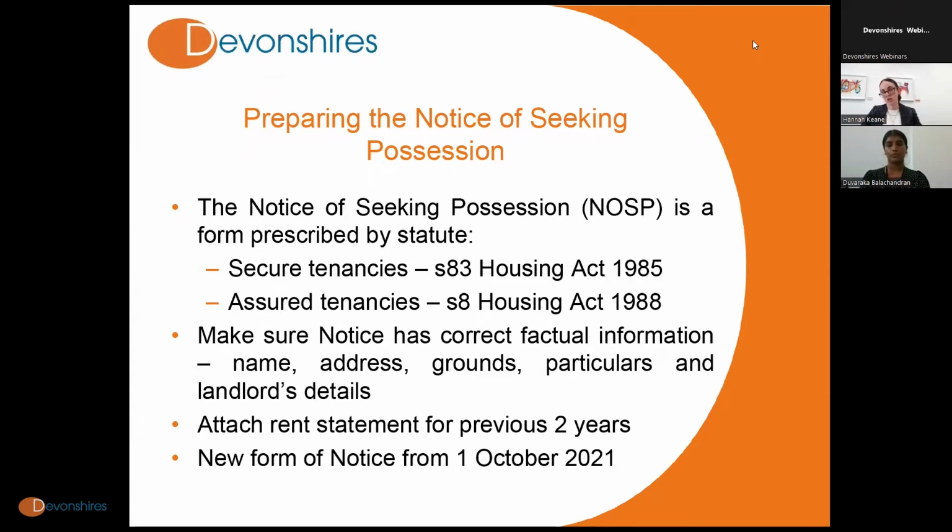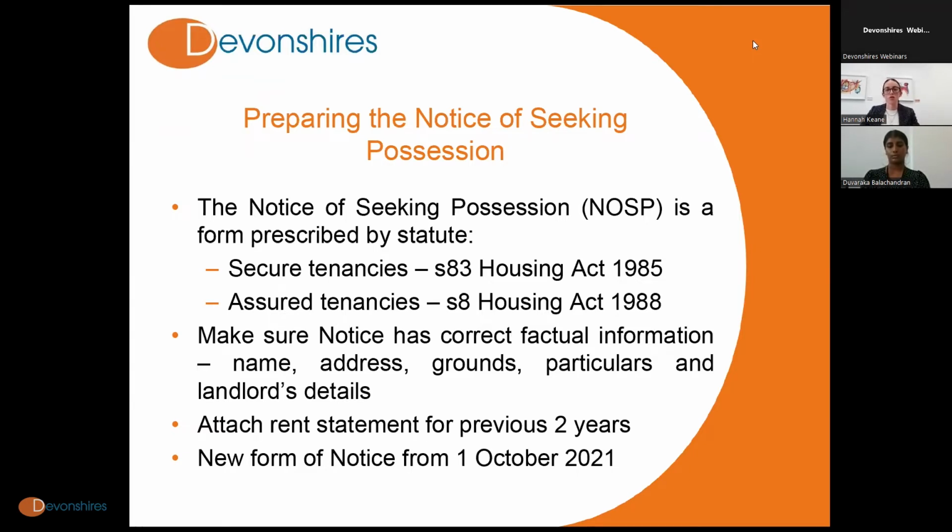When you're drafting the notice, I'm sure you're aware, but just make sure that you have all the correct factual information: tenants' names, address, what grounds you're relying upon, why you're relying upon those grounds. It's really important that you make it clear what steps have been taken to work with the tenant.